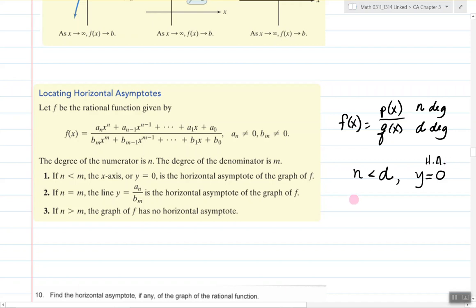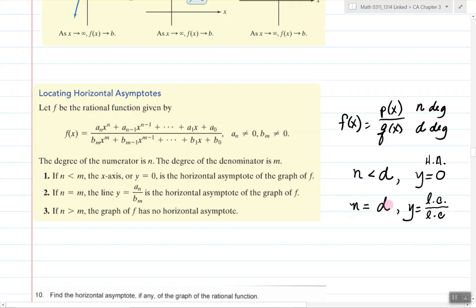If the degree on top is equal to the degree on bottom, then you get the line y is equal to, I'm going to use some other abbreviations, leading coefficient over leading coefficient. I'll talk about that in a minute.